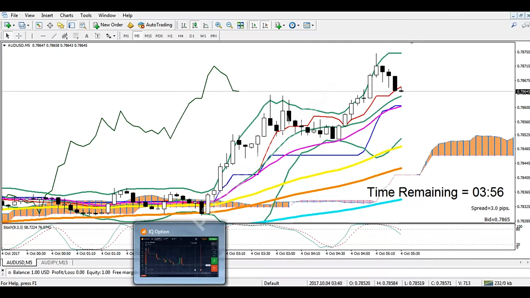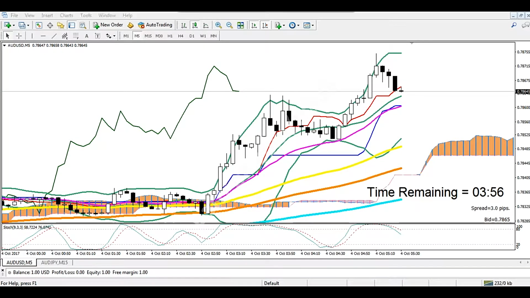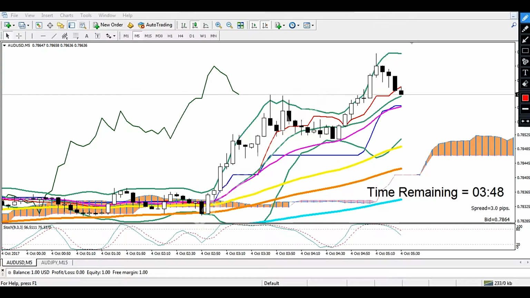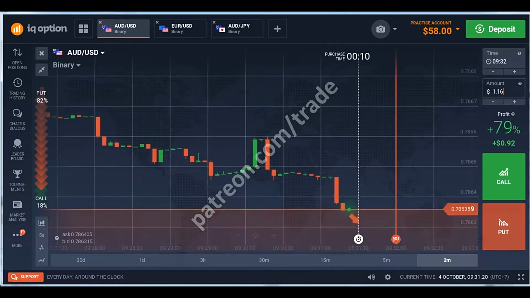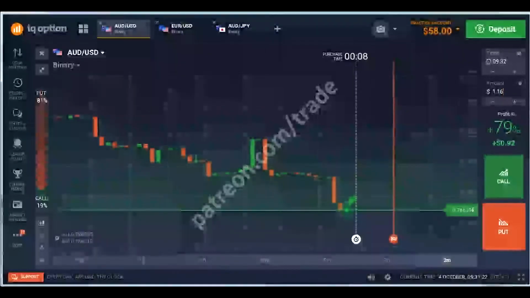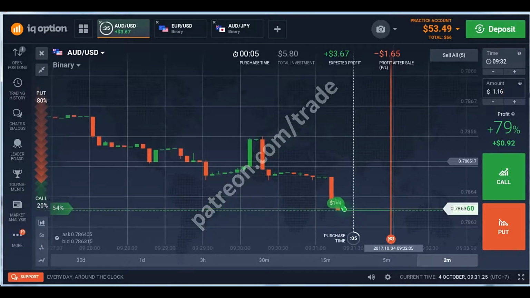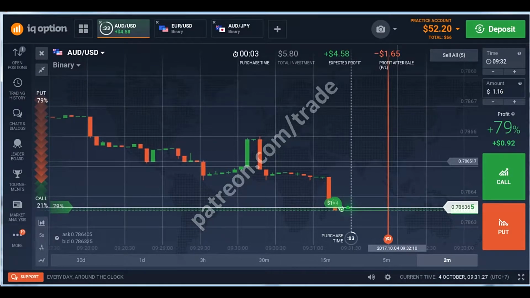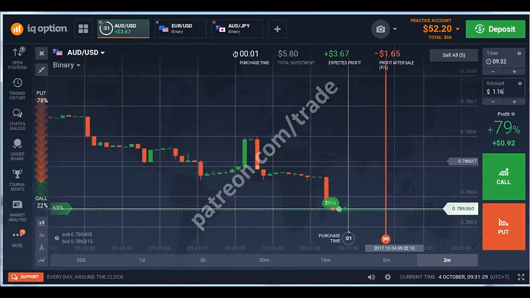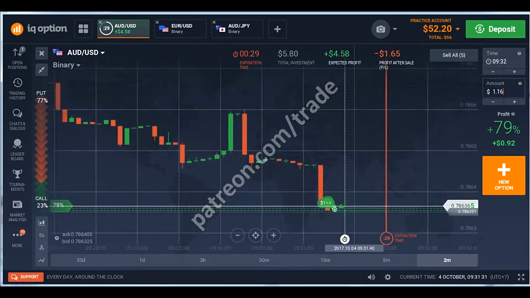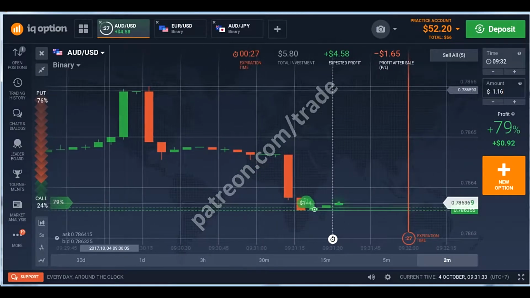Let's see if they're going to touch this area. I'm waiting. They're moving very slowly to touch this area. There's also a Bollinger Band there. Still a very weak candle. We're supposed to wait for a strong candle like this green one in here.